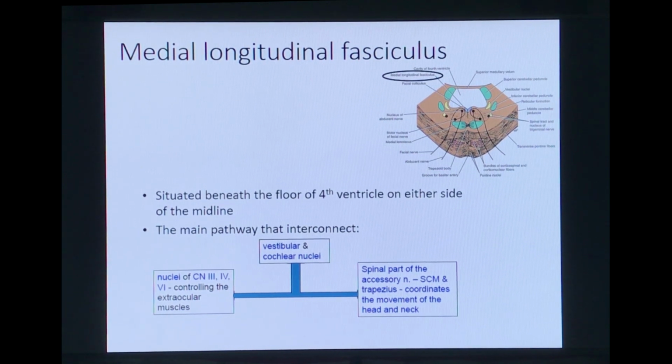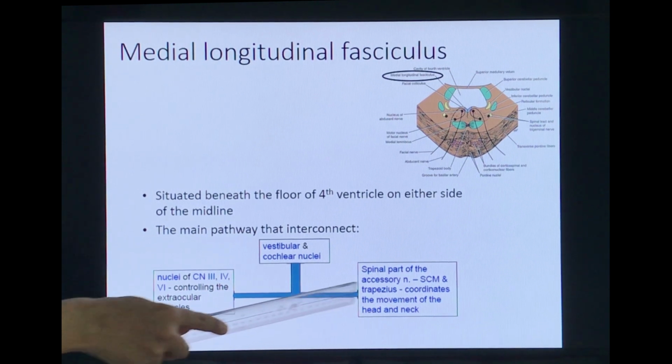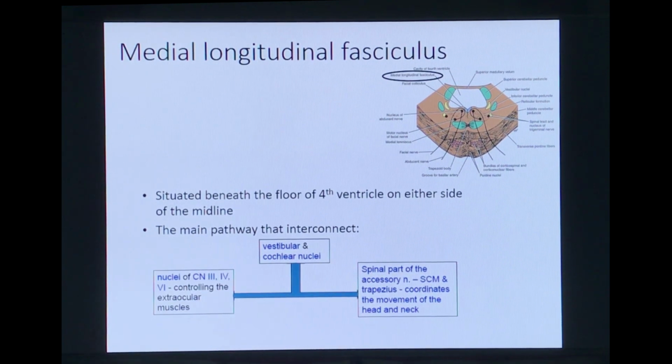All these are supplied by the third, fourth and sixth cranial nerves: oculomotor, trochlear and abducent. So this fasciculus connects the vestibular and cochlear nuclei to the cranial nerves which supply the extraocular muscles, and also to the spinal part of the accessory nerve, which mainly supplies sternocleidomastoid and trapezius.